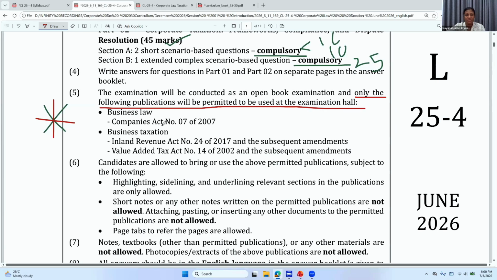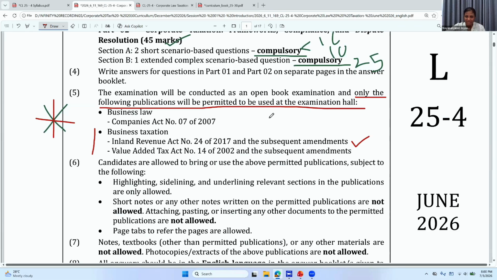What's the first, for business law? Companies Act number 7 of 2007. Now come to my part, business taxation, corporate taxation: Inland Revenue Act number 24 of 2017 and the subsequent amendments.